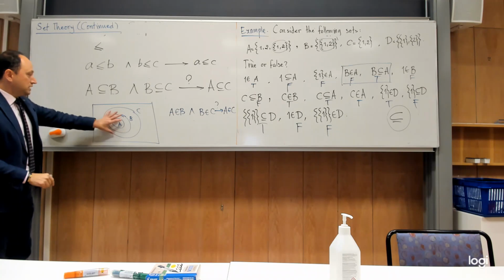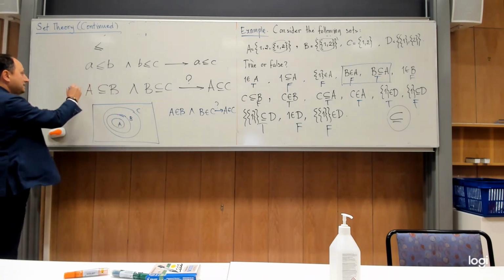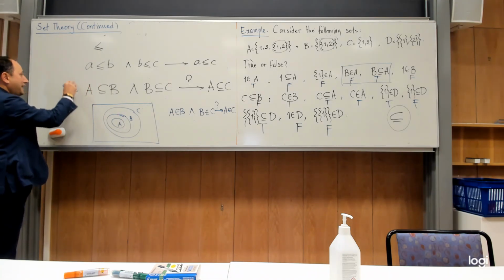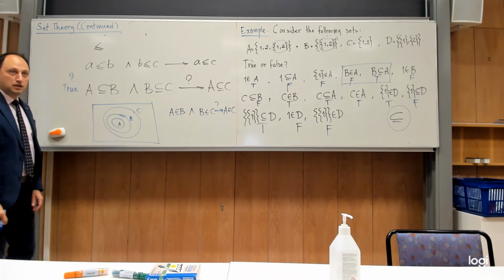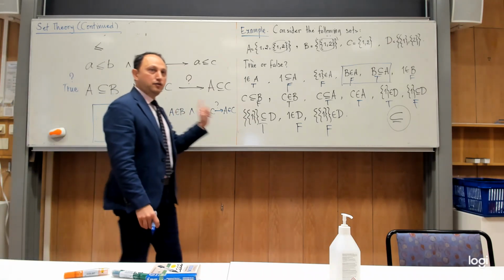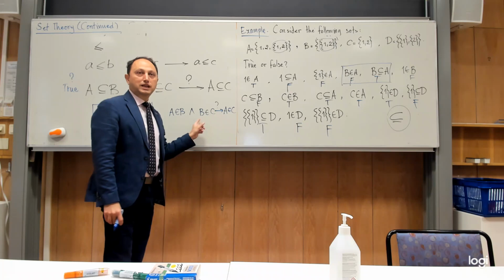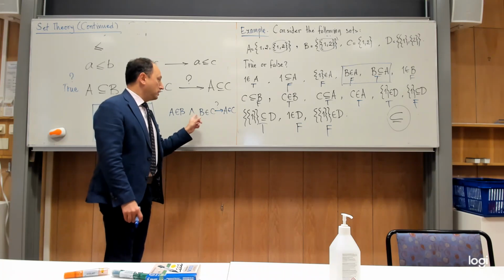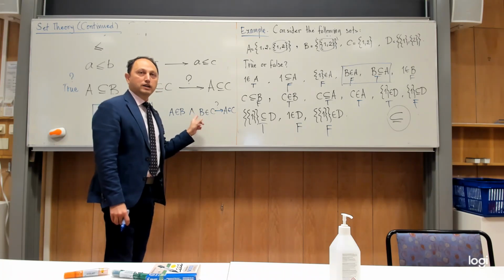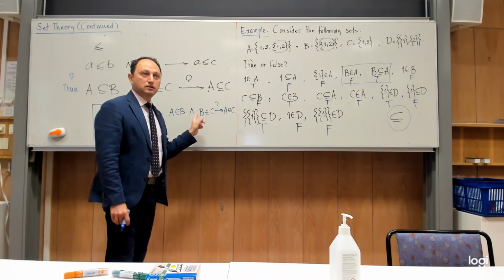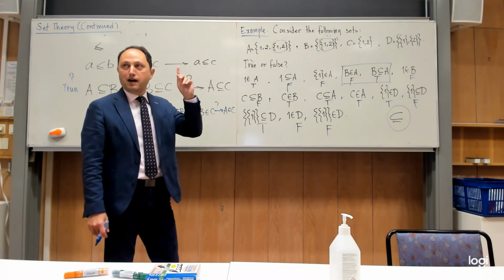Intuitively, using this picture, we think that this must be true, even though we haven't proven it yet. But what do you think about this? If you think this is true, you need to tell me how to prove it. If you want to tell me this is false, what you need to do is bring a counterexample.